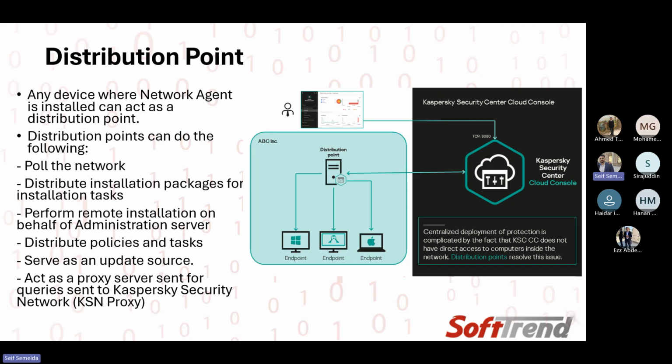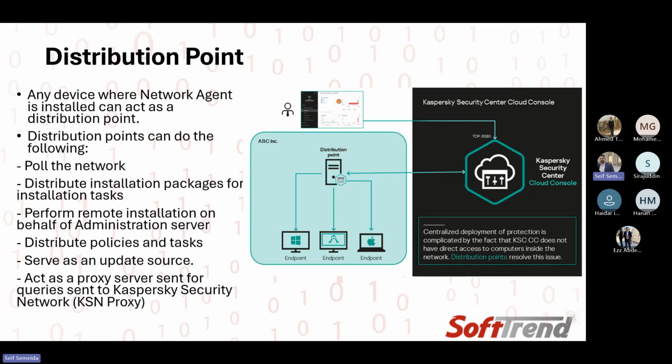And some of the actions that the distribution point can take is it can poll the network and discover the devices that are present in the network or also in your domain. It can also distribute installation packages if you maybe need to download a third-party application or a Kaspersky application. You can do that remotely through the distribution point.